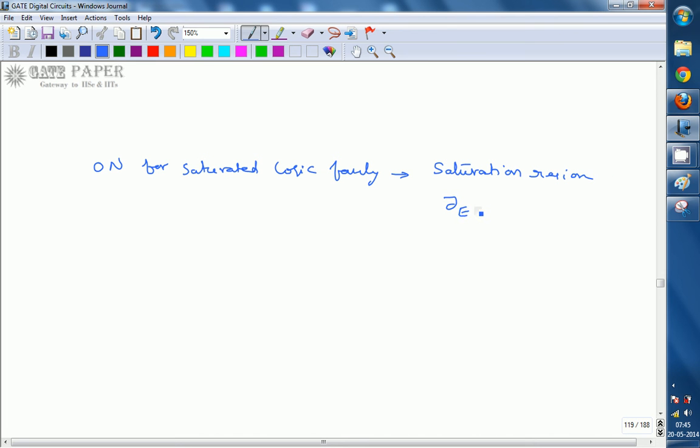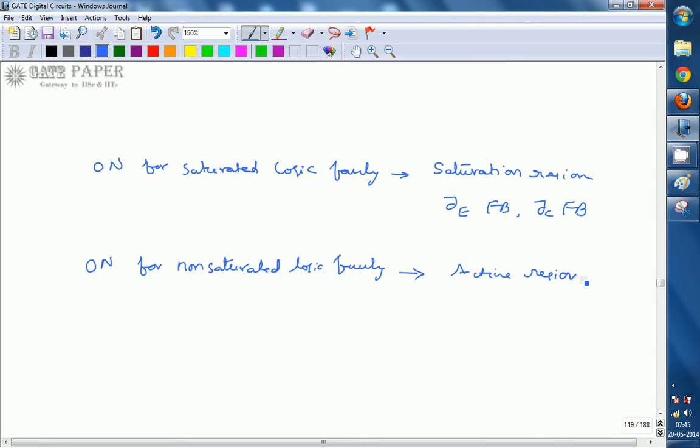Saturation implies the emitter base junction forward biased and the collector base junction forward biased in a BJT. Similarly, the on state for a non-saturated logic family: the transistor has to enter into the active region only. Active region implies the emitter base junction forward biased and the collector base junction reverse biased.